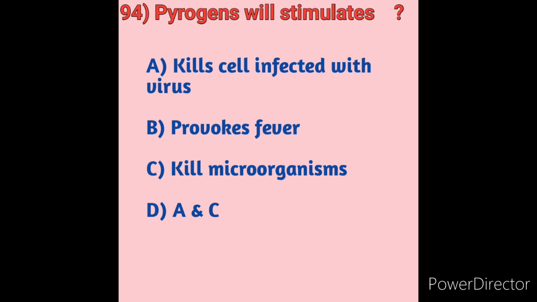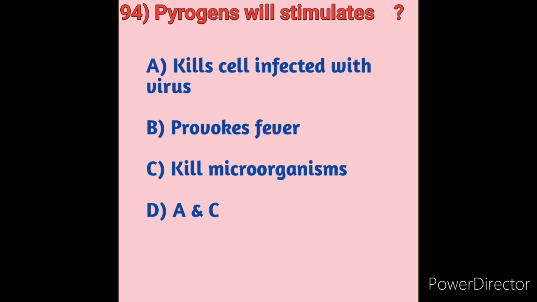Pyrogens will stimulate which of the following? Option A, kills cells infected with virus. Option B, provokes fever. Option C, kills microorganisms. Option D, A and C. What do pyrogens mean? A pyrogen is a substance typically produced by a bacterium which produces fever when introduced or released into the blood.